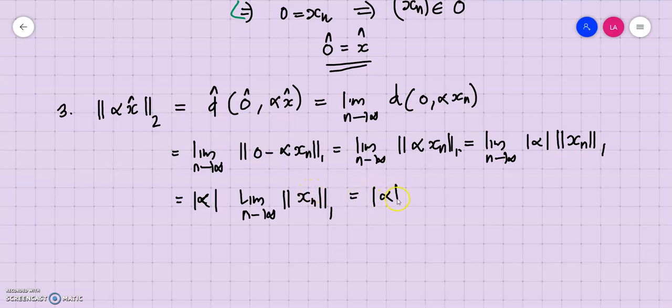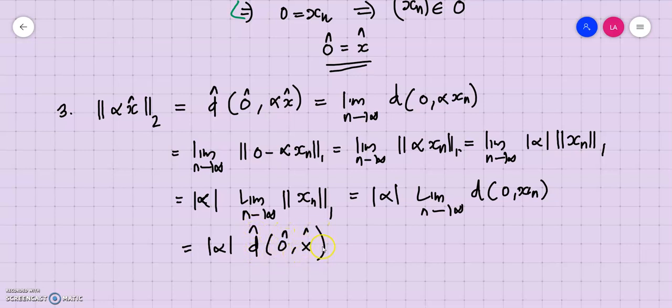So which is equal to modulus of alpha into limit n tends to infinity d of 0 xn, because we can write it as 0 minus norm xn, which can be written as d of 0 xn. So modulus of alpha, and by definition limit n tends to infinity d of 0 xn is actually d cap of 0 cap x cap, because xn is the sequence corresponding to x cap and 0 is the sequence corresponding to 0 cap.